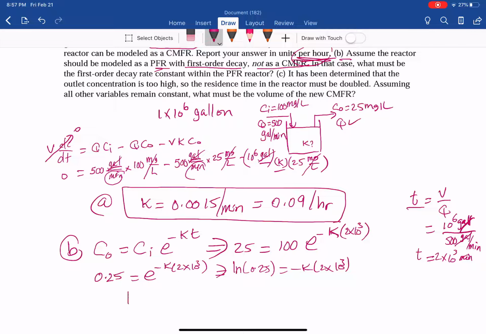K would be equal to 6.93 × 10^-4 per minute.